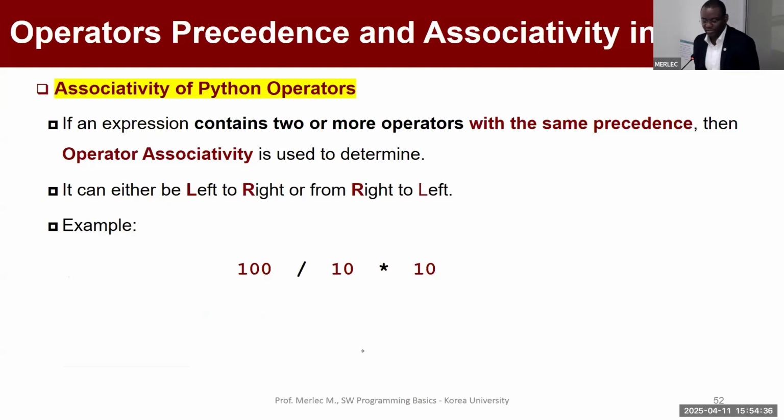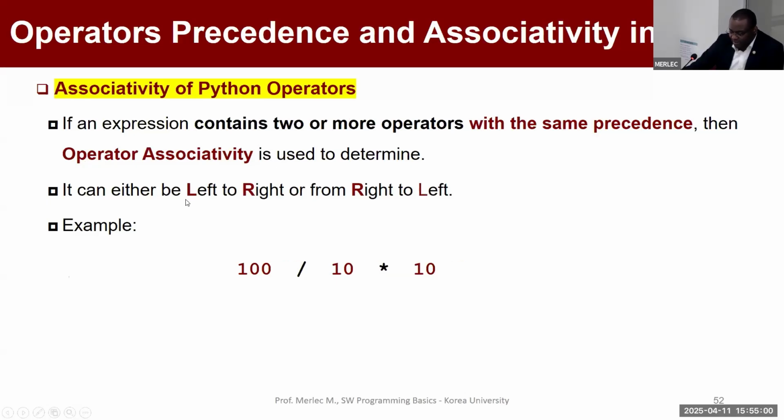So, the associativity for arithmetic operators. Some operators have the same precedence, as I've shown. But if they have the same precedence, you now have to assess the associativity.